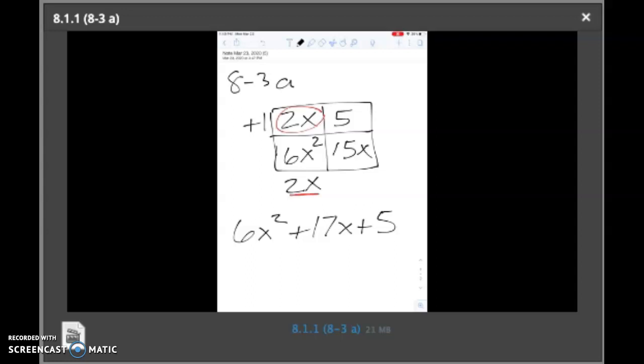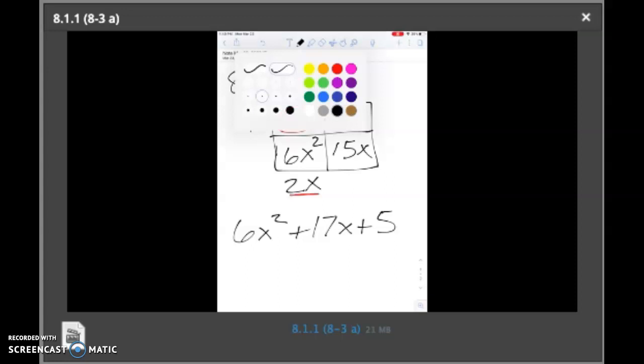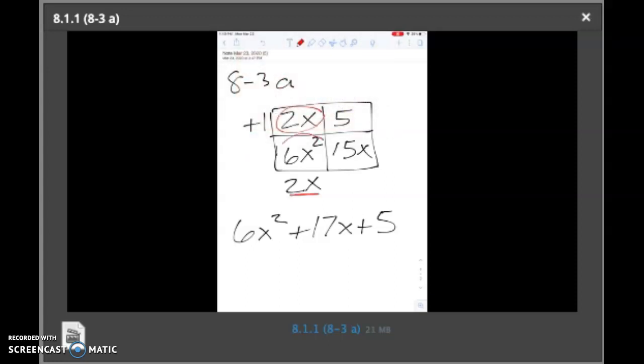All right, and so then now when I go look at this area of 6x squares, I know that that has to be 2x times something, so 2x times 3x gives me 6x squared. And when I come over here and I look at 15 x's, to get 15x, I have to take 3x times what?